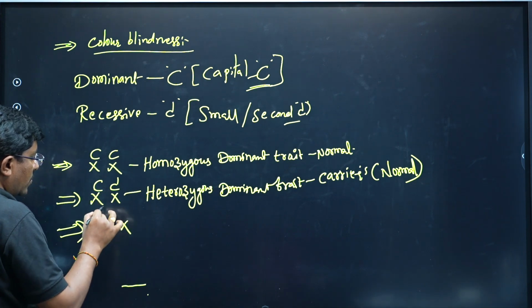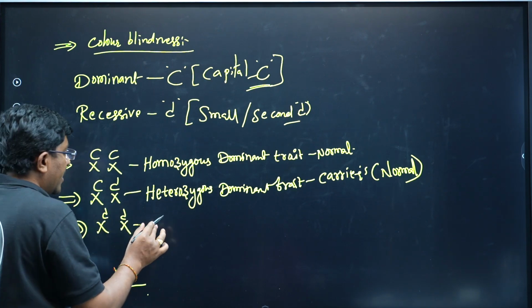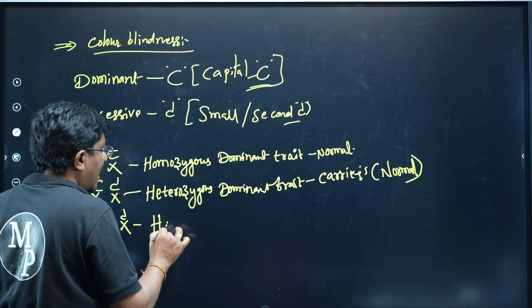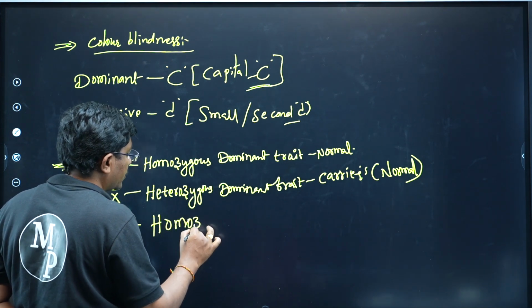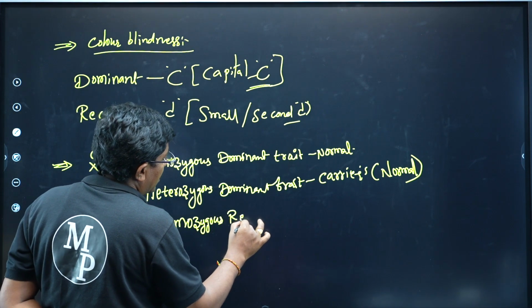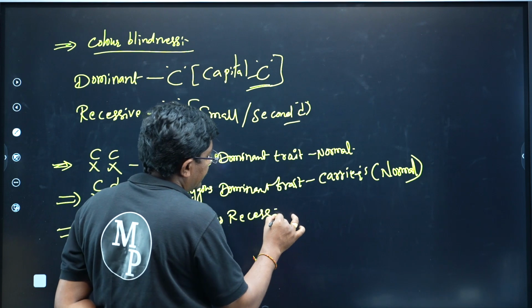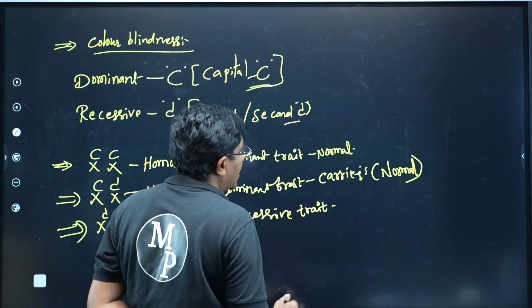On these two X chromosomes, the presence of two recessive genes is the homozygous recessive trait.